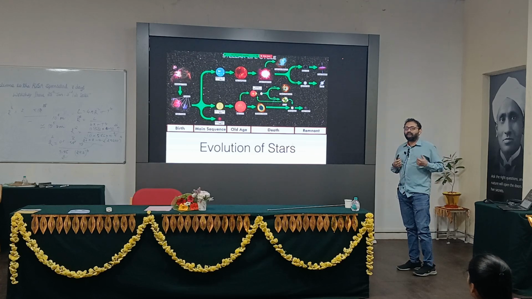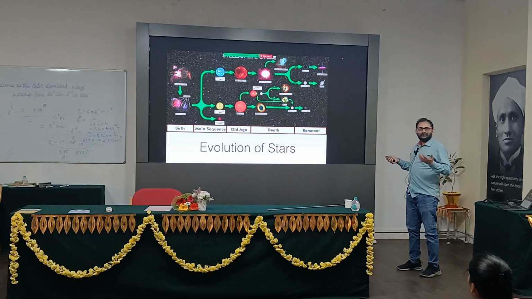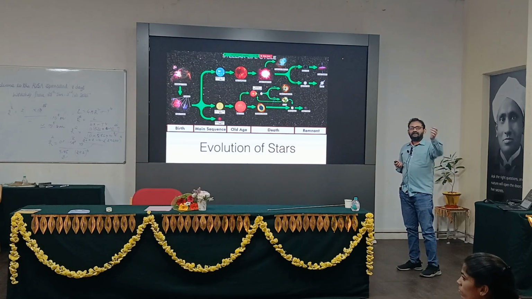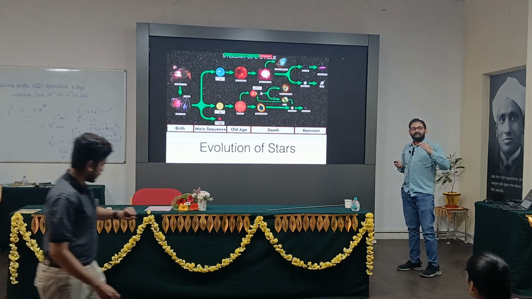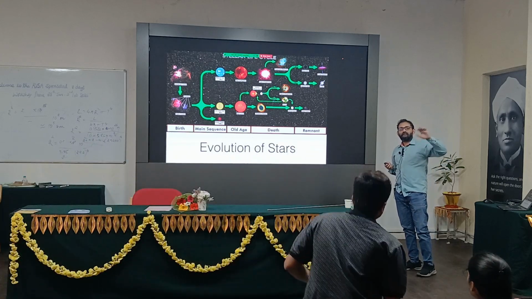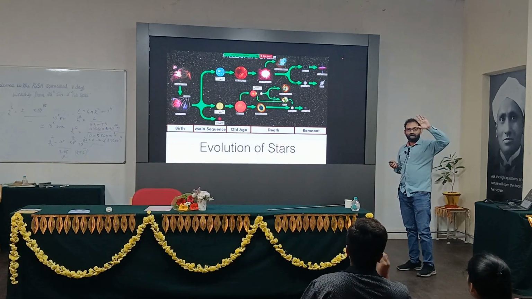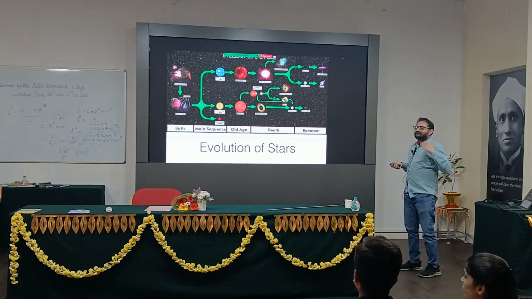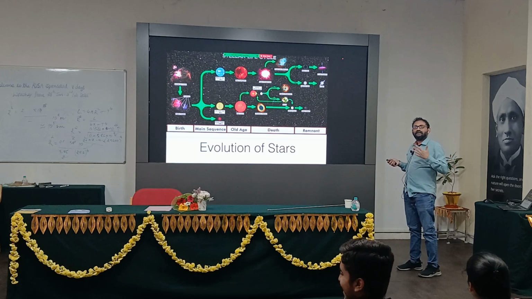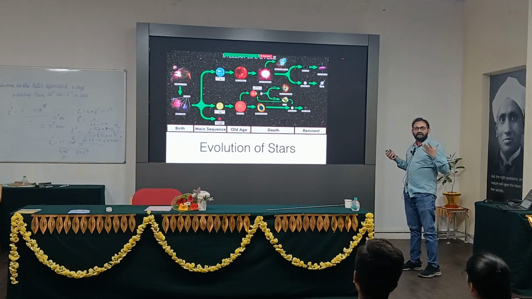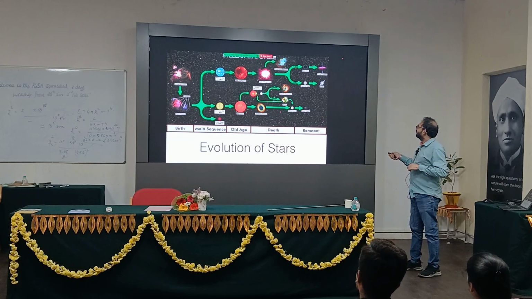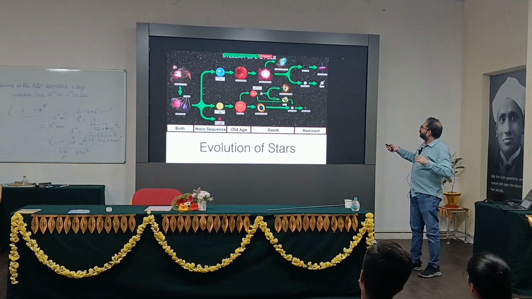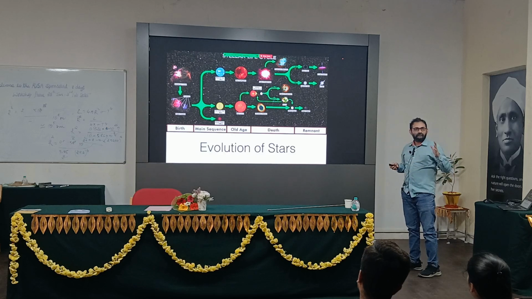If you have siblings, you keep on fighting at some point. So a binary system grows until a certain time, but after some time it goes into a very violent phenomenon. This is the way the massive stars go into very violent phenomena.